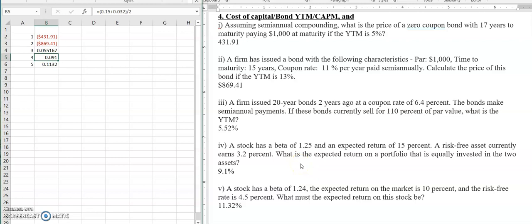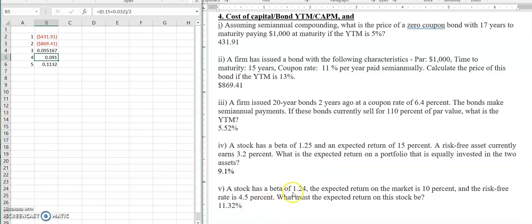So the beta for the portfolio is 0.5 times 1.25 plus 0.5 times 0. So that will be 0.625. So that will be the beta for your portfolio. So both your expected returns and the betas are basically weighted averages of the values for all the assets in the portfolio. So here's the question implementing the CAPM.